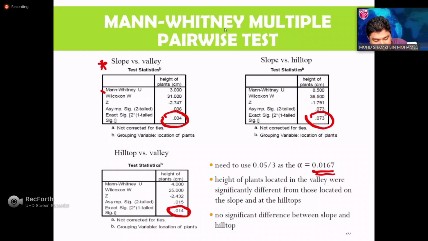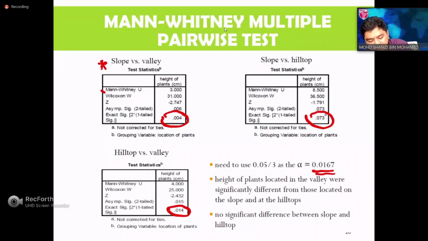So you have a conclusion that the height of plant located in the valley, because valley versus slope, and then valley versus hilltop. Okay, 0.014 is less than 0.0167.